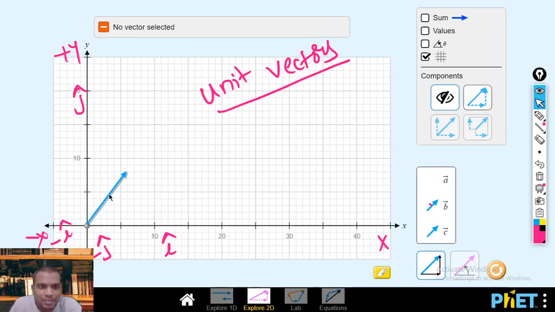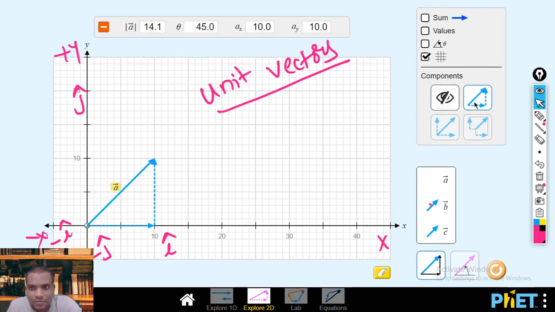Suppose this vector is in this diagram. Now this vector I can represent in terms of components. Now this vector we need to write in an equation. What is a bar here? A bar we have to write in terms of some equation. It is not always possible to draw a diagram. Now a vector can be resolved into two components, that is ax i cap plus ay j cap.